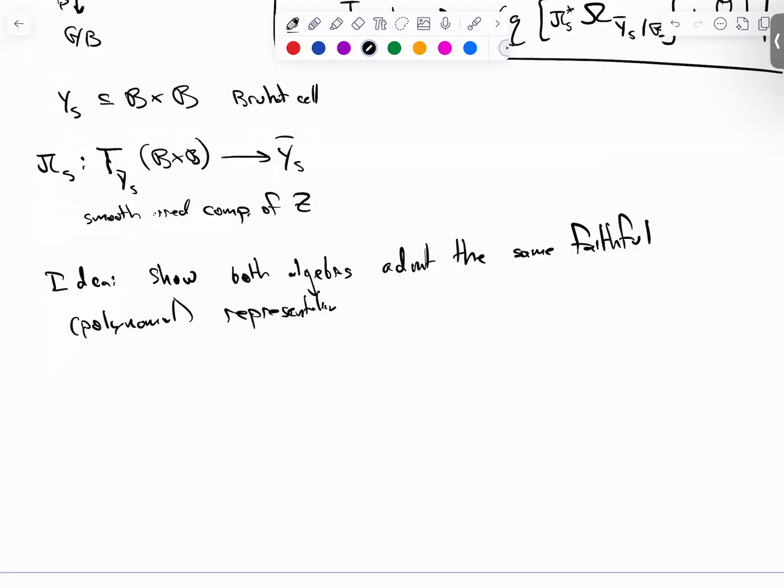Right, so this faithful representation is called the polynomial rep, and let me explain why. Let E be this symmetrizing idempotent, and let HE be the induced left H module.